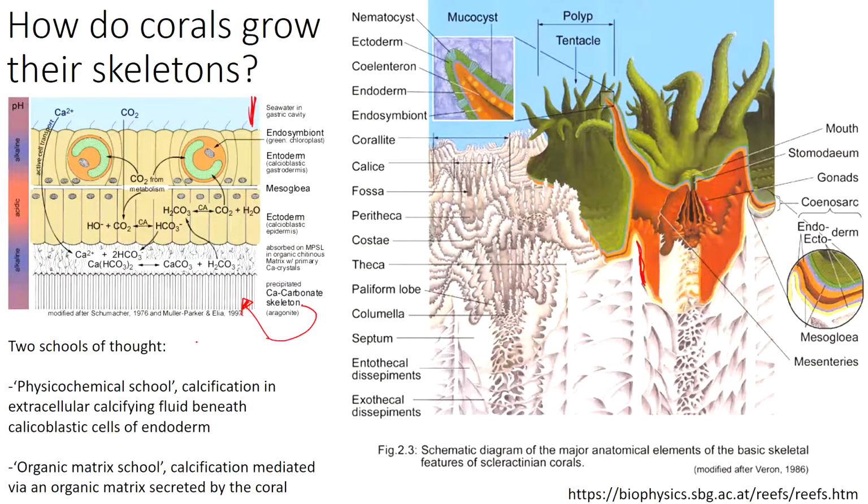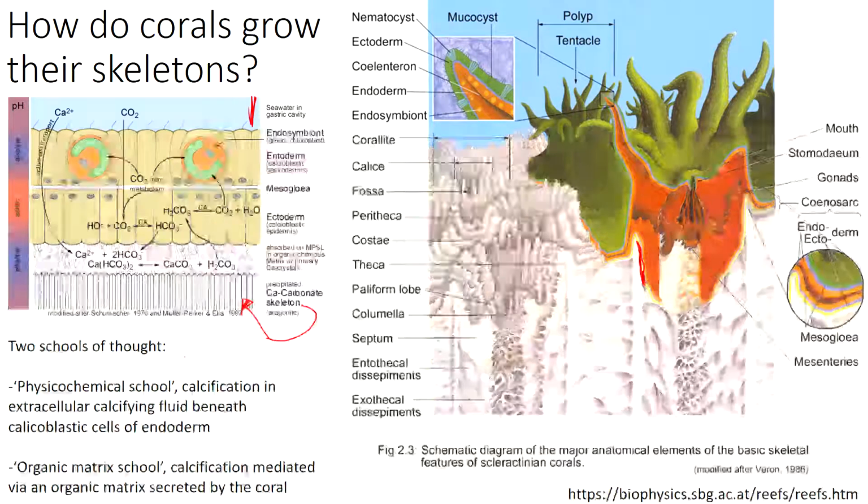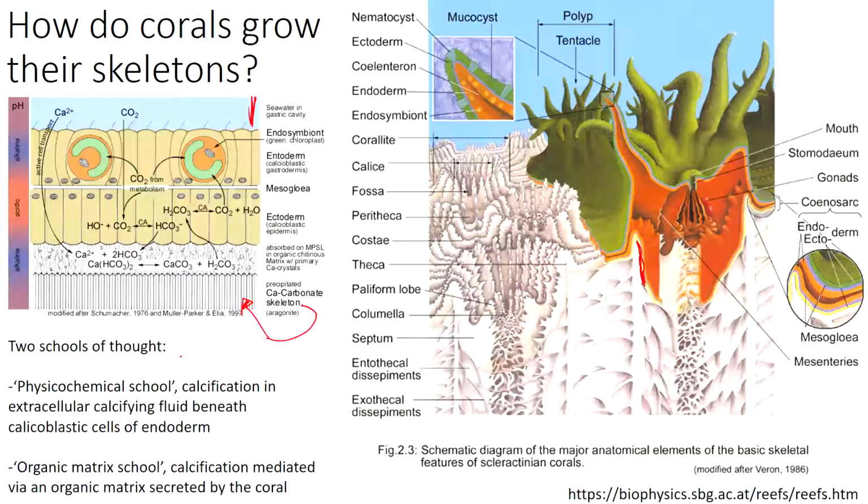Right. So what's happening at this? To form the mineral calcium carbonate, this is our ultimate goal, we need to have some calcium, and we need to have some carbon compound. The calcium is abundant in seawater, and the composition of the fluids inside the corals is very similar to seawater. But it's not just uniformly distributed throughout the cells of the coral.